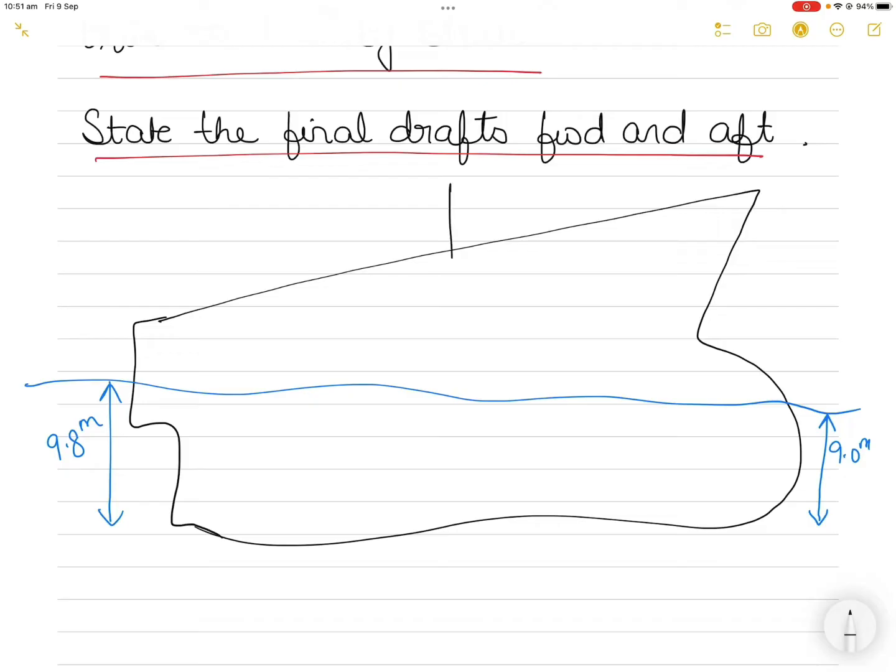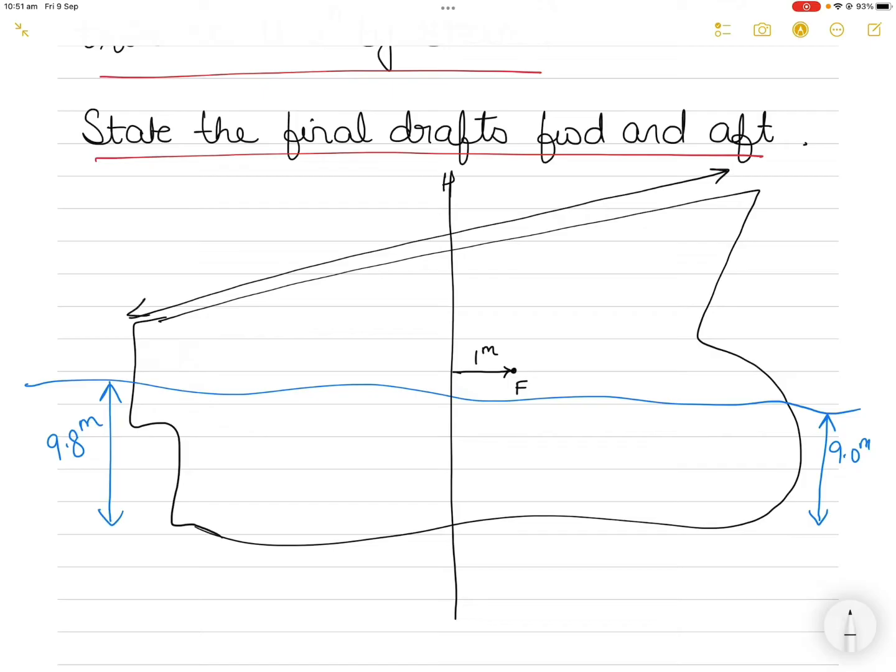And then we draw the midship somewhere here. This is the midship, you can call it H. F is somewhere here, 1 meter forward of the midship, so we call HF 1 meter forward. The total length of the vessel is 170 meters.